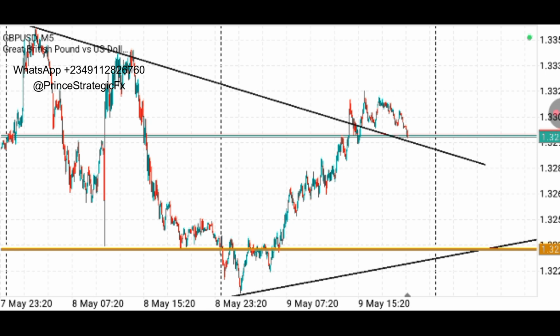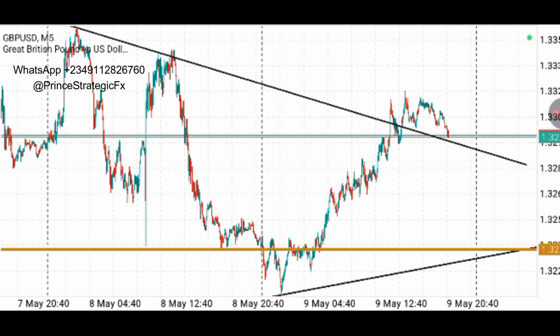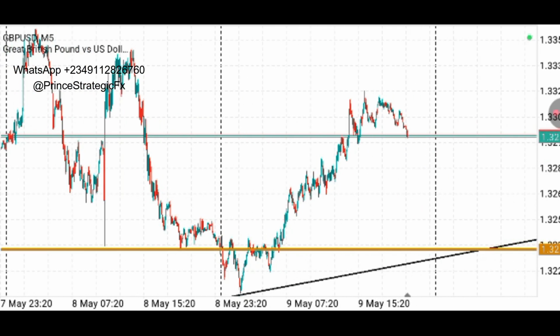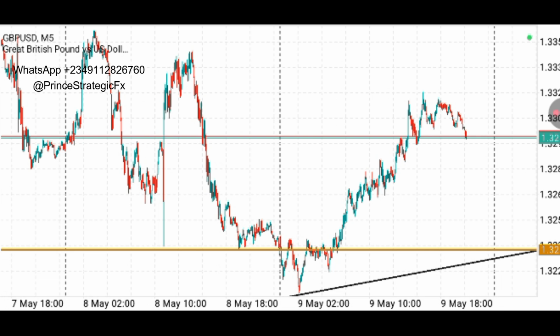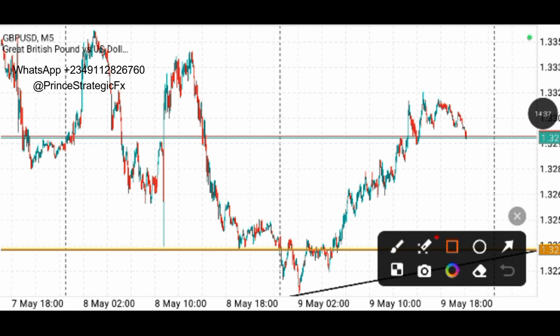We are not done yet. You understand? We are not done yet. This is just the genesis. So if you don't want to take this trade from this point, from where I just drew that trend line, then you should always be looking out for this particular low here, because the truth of the matter is that it is very, very hard for price to break out from a particular level, like the close of the previous candle.